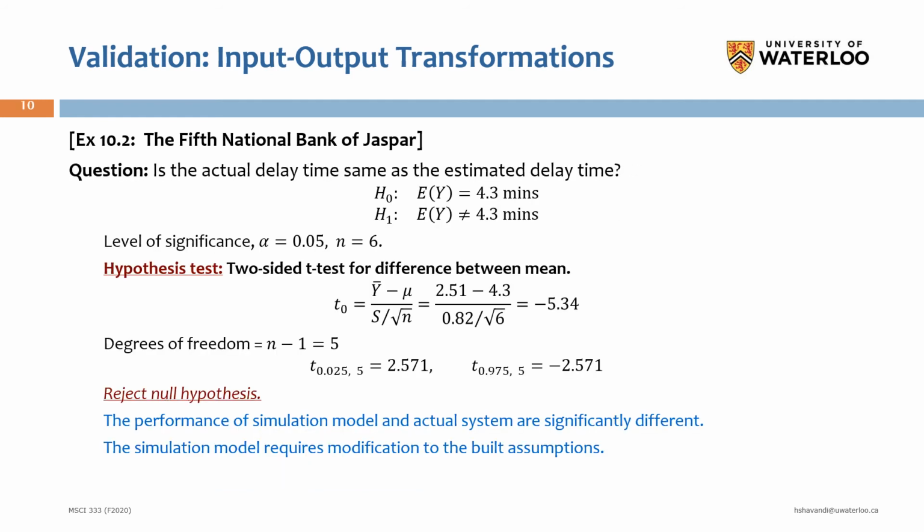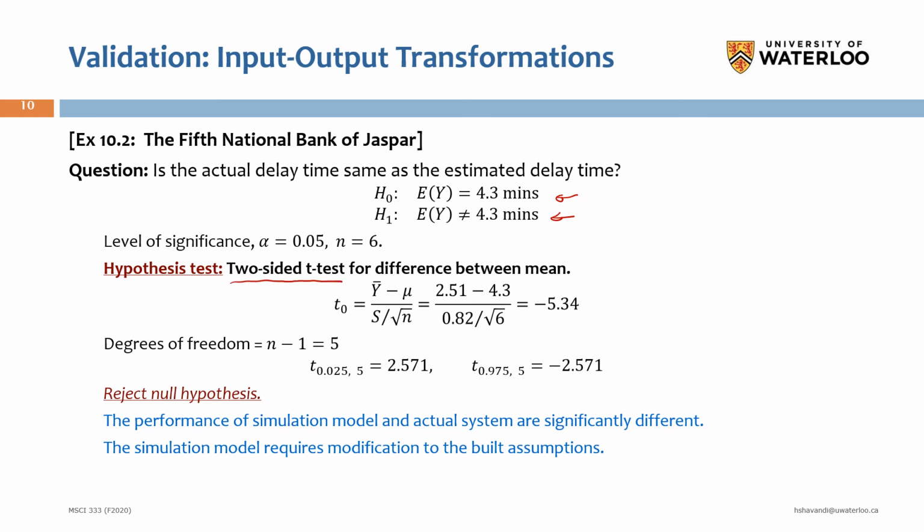Okay, so in order to compare the simulation model with the real system, here we form a hypothesis test, and the null hypothesis H0 is that the expected value of the y is 4.3 minutes, the real average that we have from the data from the real system, and H1 is the expected value is not equal to 4.3 minutes. So here we can test this hypothesis with a two-sided t-test.